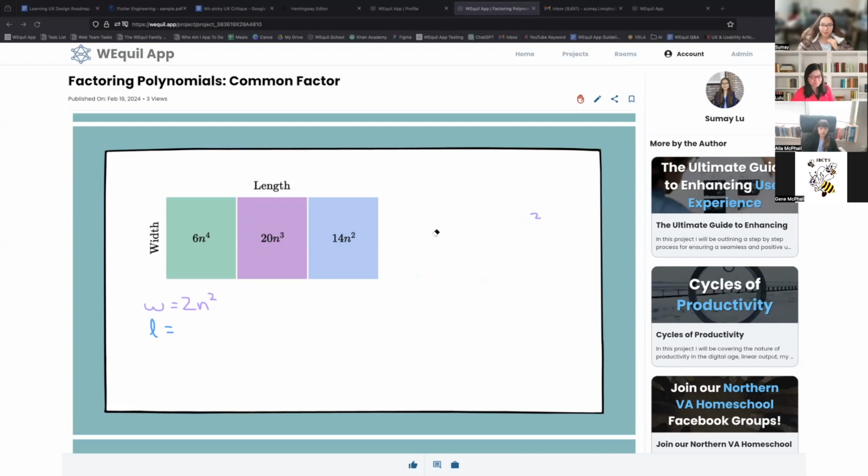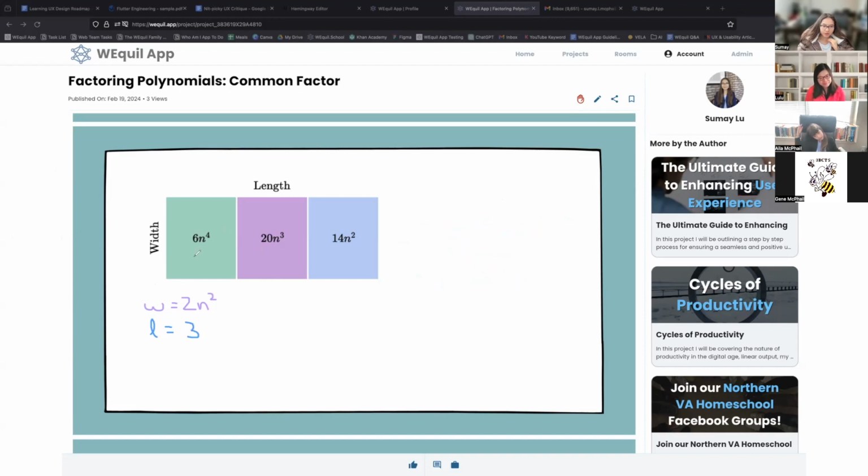All right. So now that we have our greatest common factor for the width, we can do this for the length. And so 2n squared times 3, right?